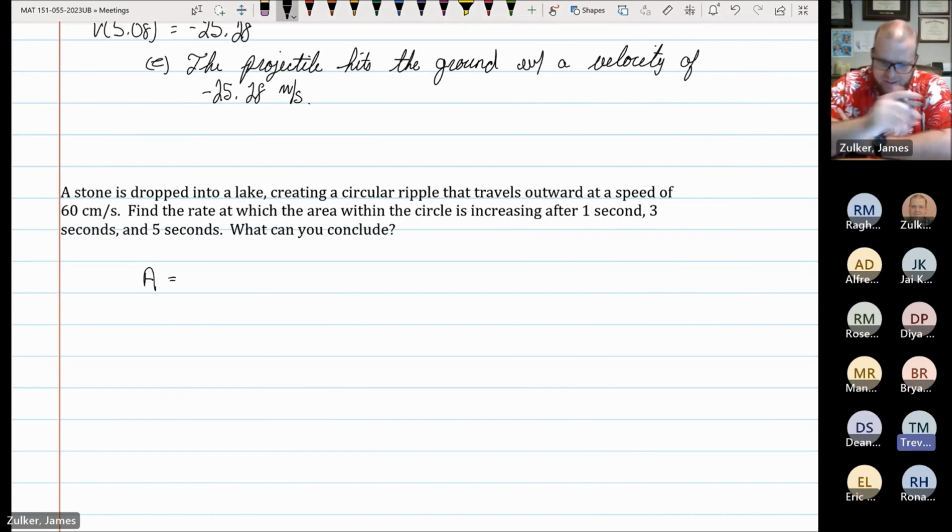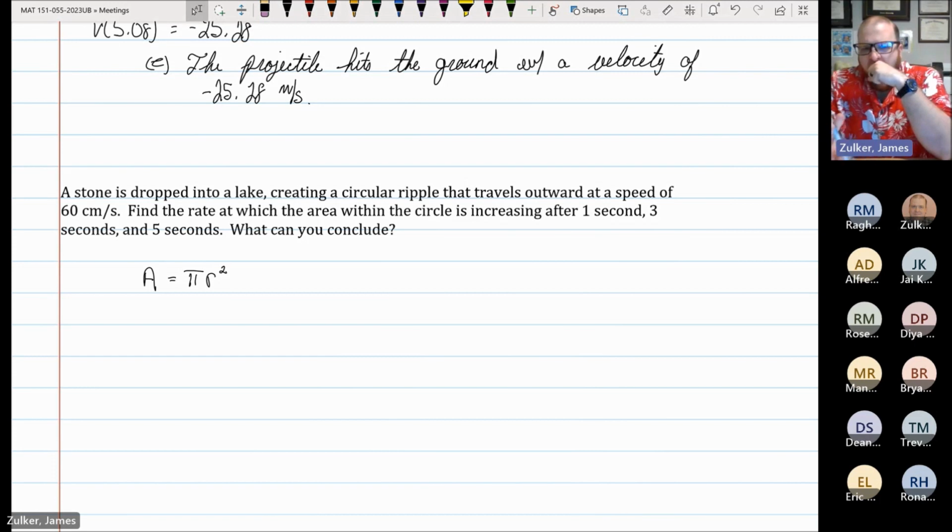Pi r squared. Just pi times the square of the radius, right? Now, we're also told that this ripple is traveling outward at a speed of 60 centimeters per second. That speed is a rate of change.